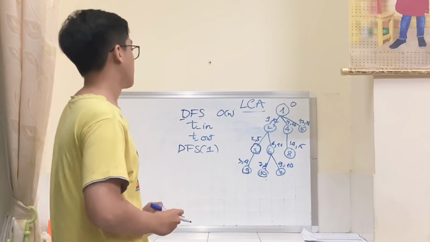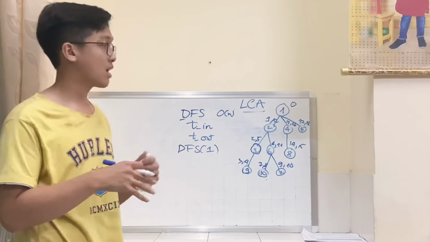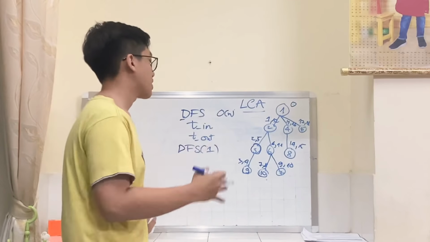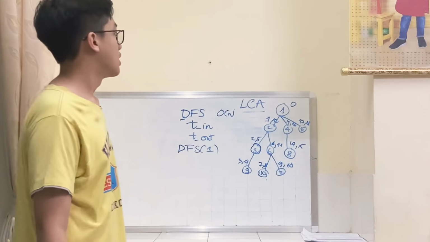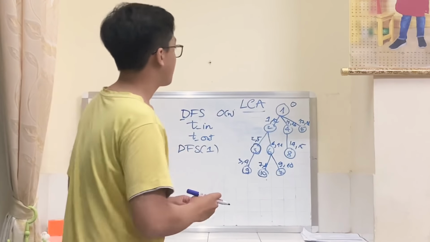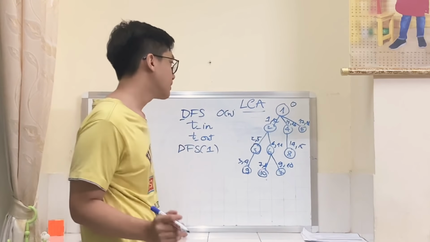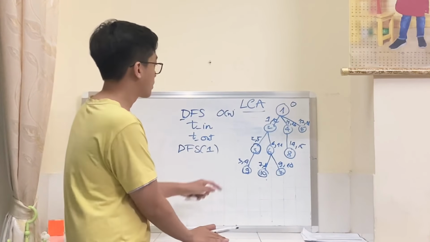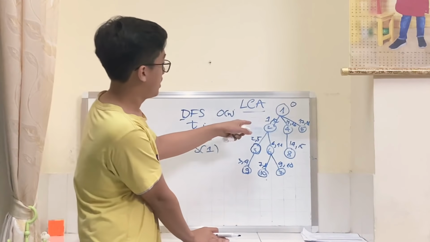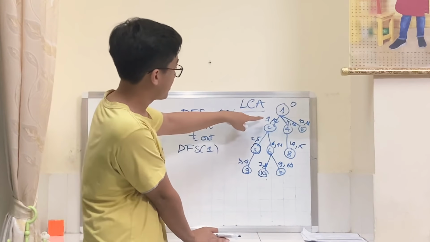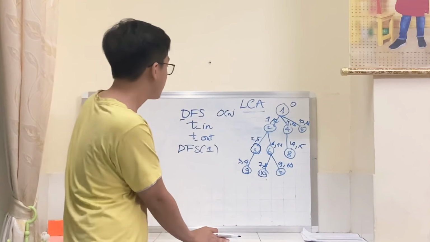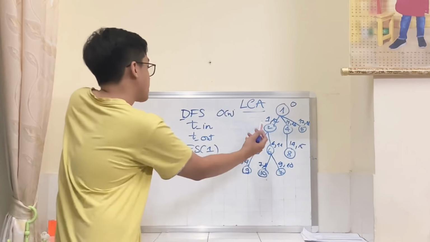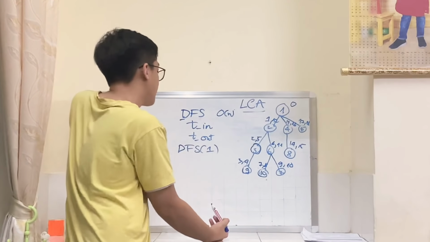So how can you determine whether a node is closer to the root than the others? For example, node 2 and node 9, if you observe closely, you can see that the Tin of node 2 is smaller than that of node 9.